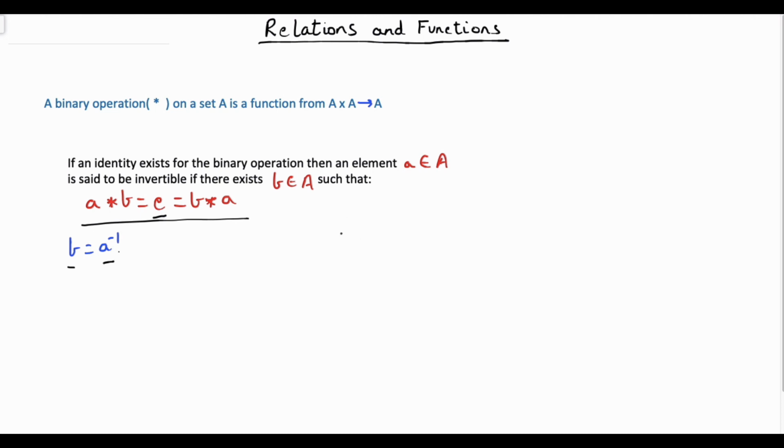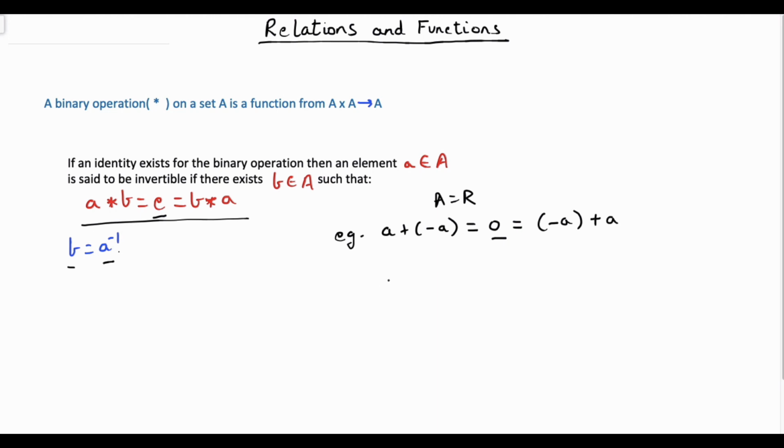So, for example, if we take the plus operator, for any element a belonging to the set of real numbers, there exists an element minus a such that a plus minus a is equal to 0, which is the identity for the plus operator, and this is also equal to minus a plus a.